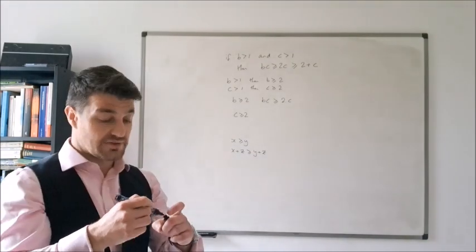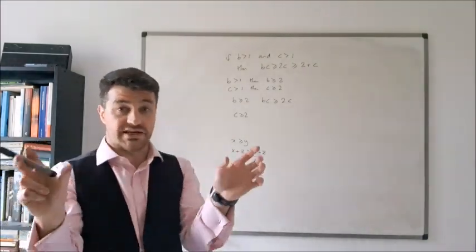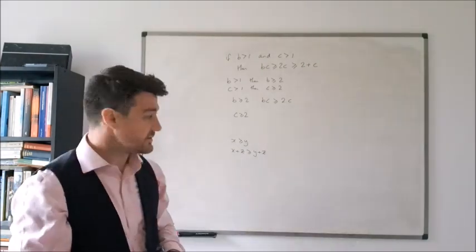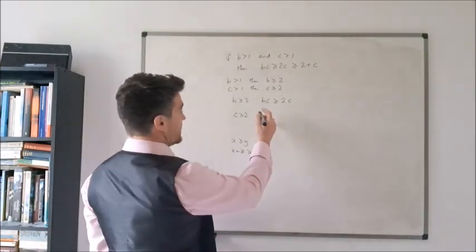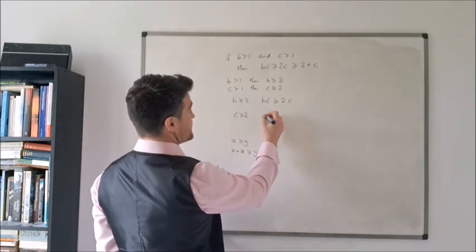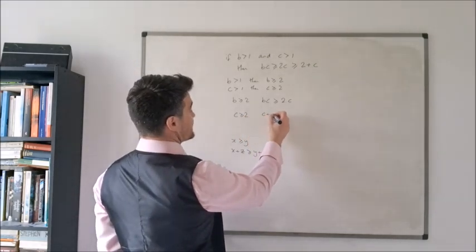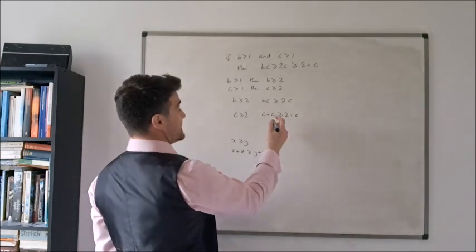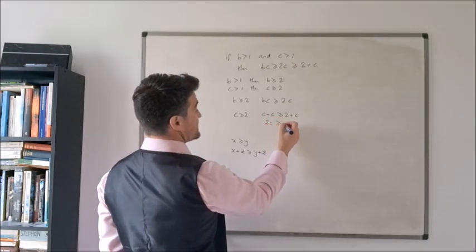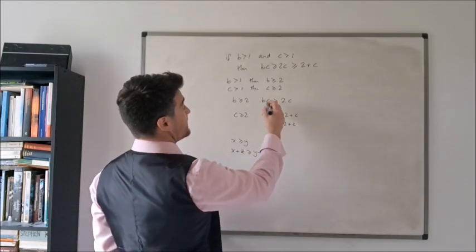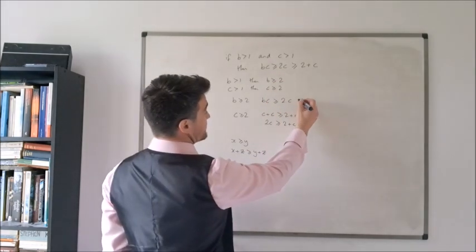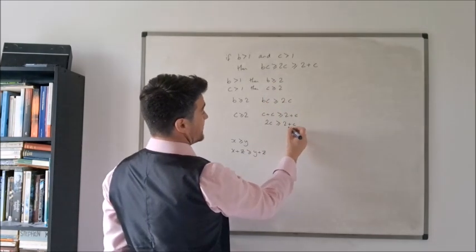I can add whichever number I want to each side of an inequality, and I preserve the inequality. So C is greater than or equal to 2 means that C plus C is greater than or equal to 2 plus C. But of course, C plus C is just equal to 2C. So 2C is greater than or equal to 2 plus C. Aha. So BC is greater than or equal to 2C, which in turn is greater than or equal to 2 plus C.